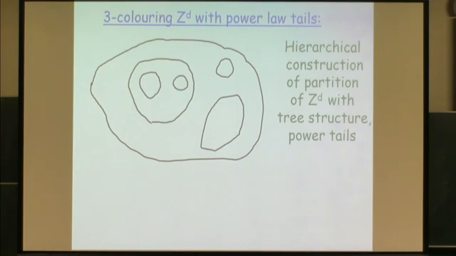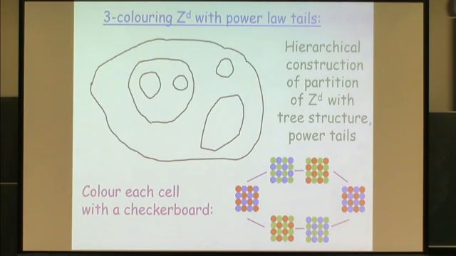So what I have to do instead is assign a proper coloring to each of these cells, and I'm going to assign one of the possible checkerboard colorings using 2 out of the 3 colors. Okay, so I have 3 colors to play with. There are 6 ways I can color with a checkerboard, because there are 3 pairs of colors and I have to decide which way round they are.